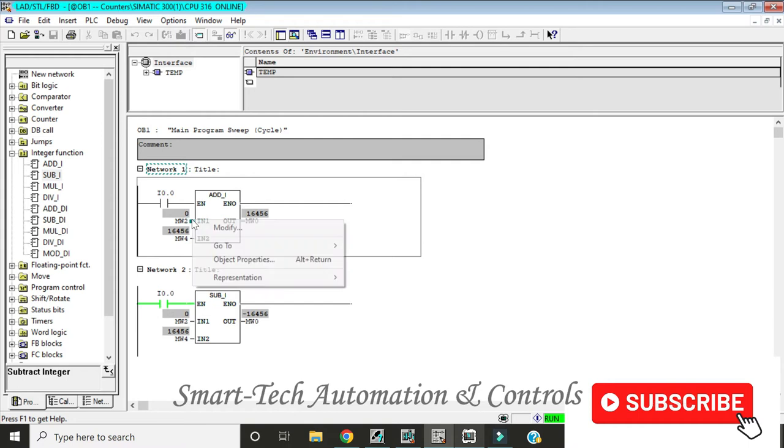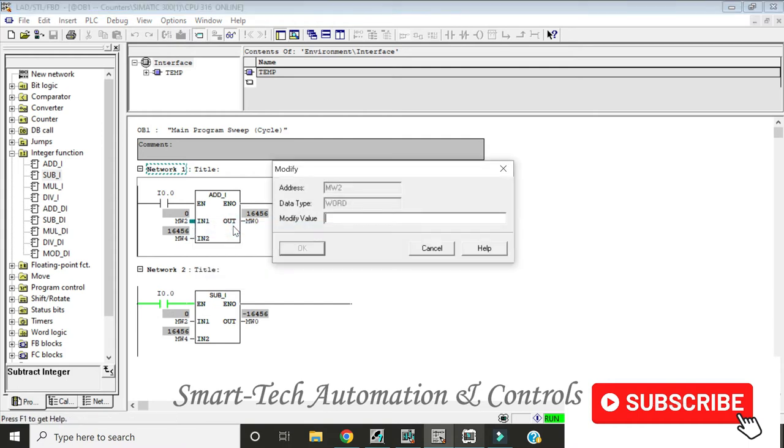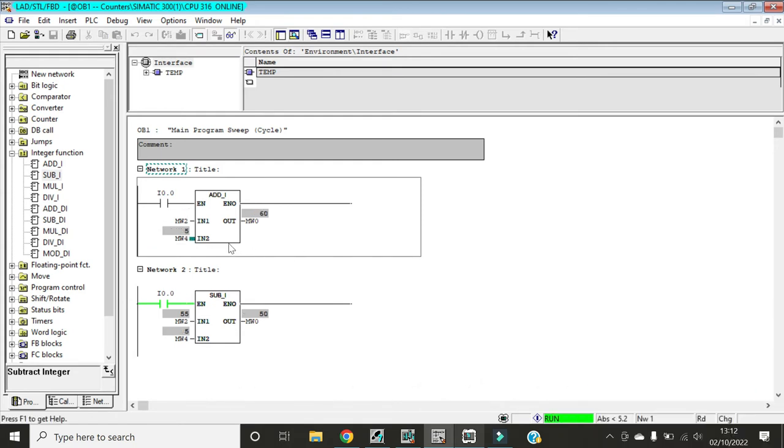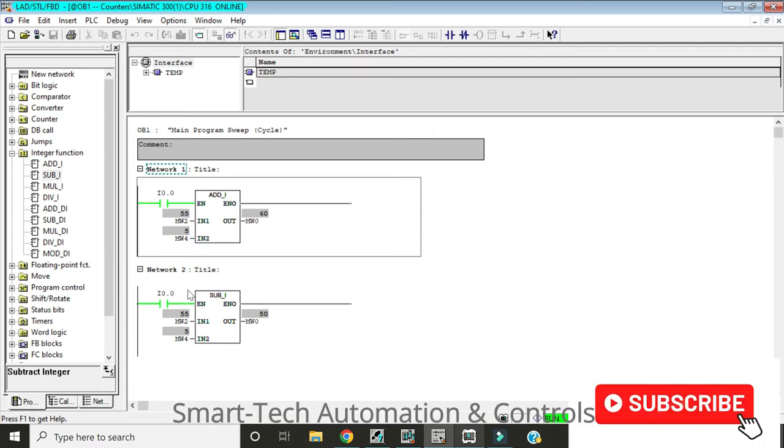I can modify the values. Let's say for the first input we put 55, and for the second input we put 5. You can see the first block has done the addition, and 55 plus 5 we get 60, and also for the second network it has performed the subtraction.